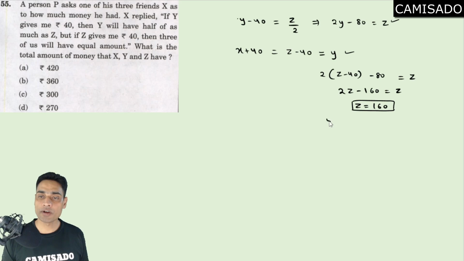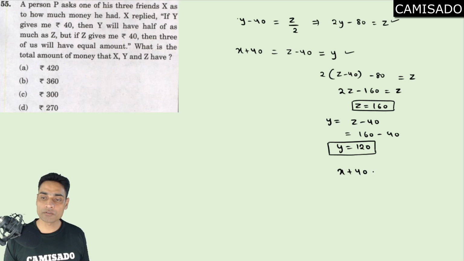Again, Y equals Z minus 40, so 160 minus 40 is equal to 120, so the value of Y is 120. Again, X plus 40 equals Y, means 120, so the value of X is 120 minus 40 equals 80, so the value of X is 80.